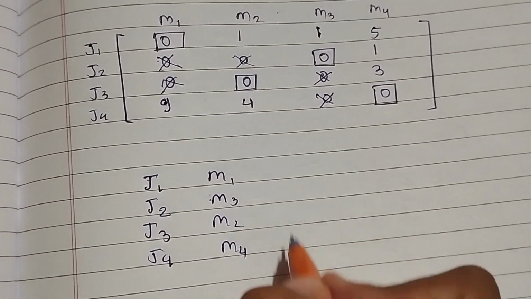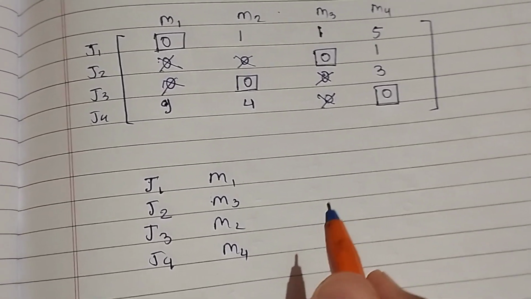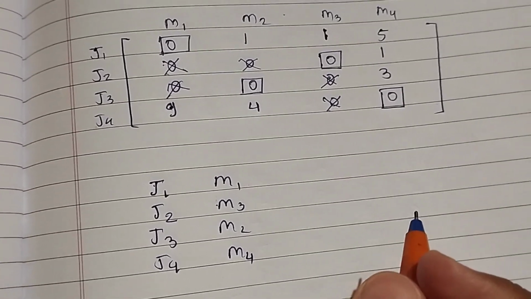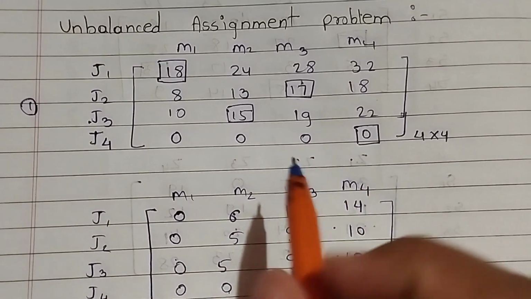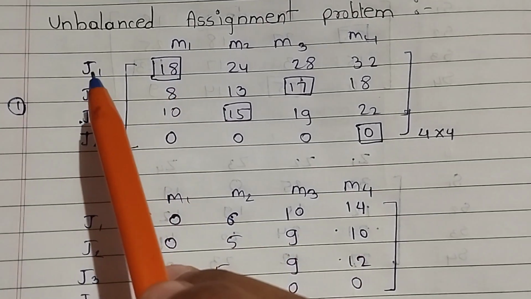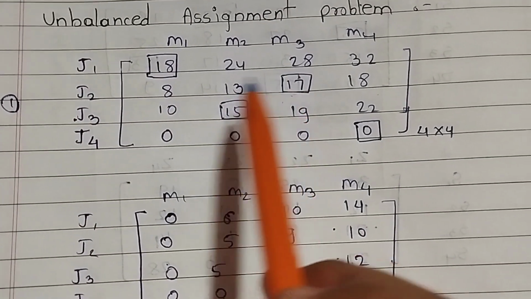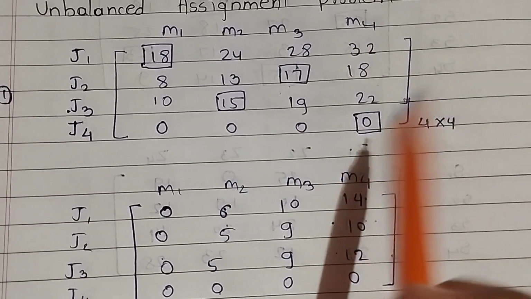Now we write here the cost. The cost is taken from the original matrix. So J1 and M1 has a cost of 18, J2 and M3 has 13, J3 and M2 is 19, and J4 and M4 has 0.